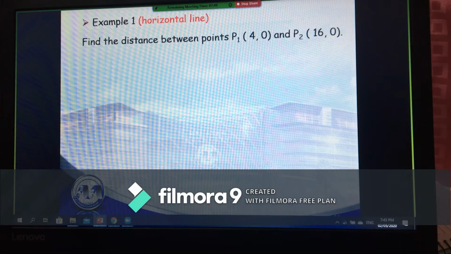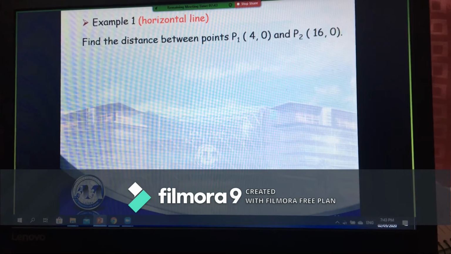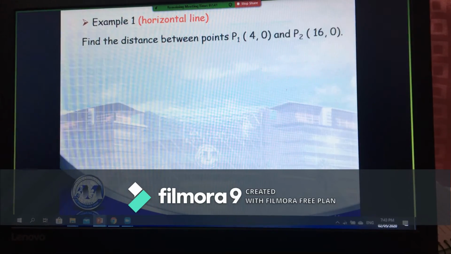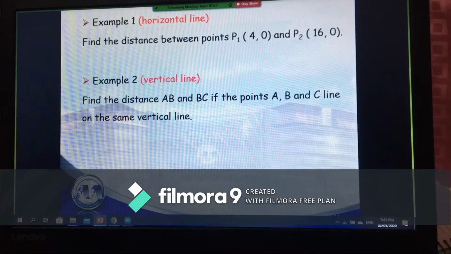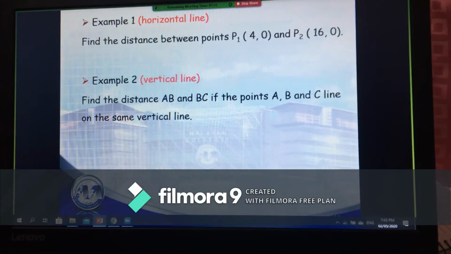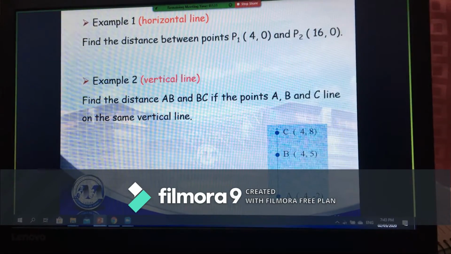How about Alisa? Wait tapos. And Ram, can you work out on the second problem? What's your answer, Ram? For the second problem.